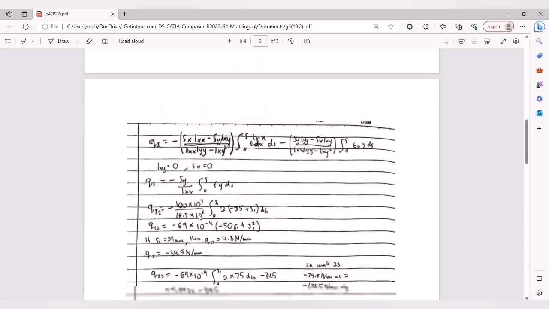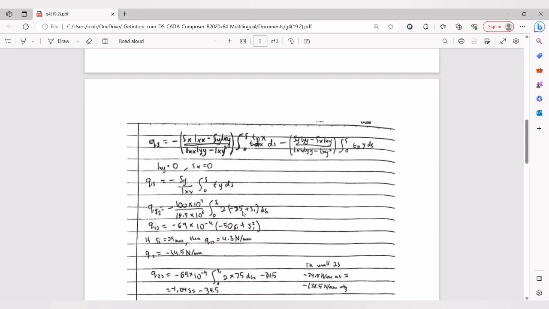After getting Ixx, we can calculate the Qs. After we simplify the general equation, we get Qs equals negative Sy over Ixx in this form. We calculate starting with Q from point 1 to point 2, which is this one. The 2 is for the thickness.